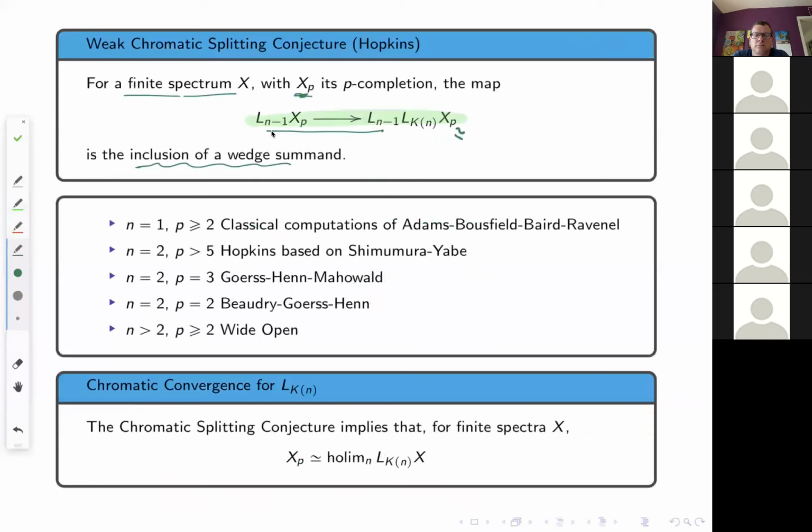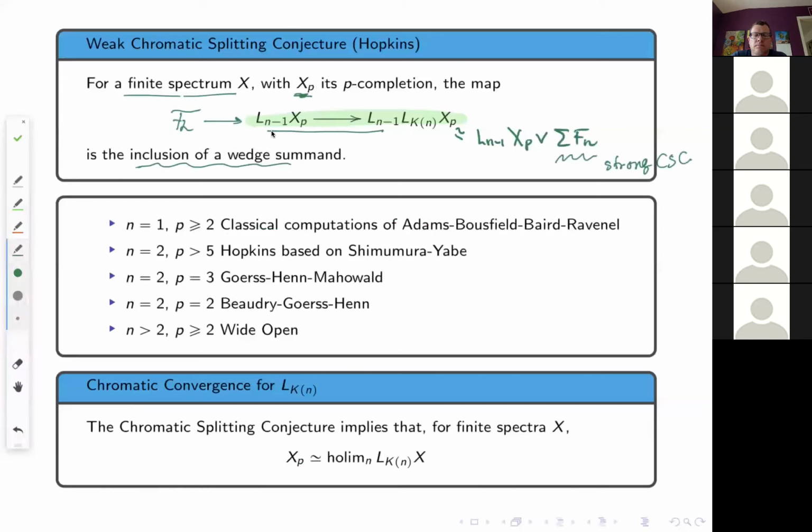In particular, this thing is supposed to be a copy of this wedge, some spectrum, which is often written F_n. F_n is like the fiber of this map. So the weak chromatic splitting conjecture is just the splitting here. The description of this is the strong chromatic splitting conjecture.